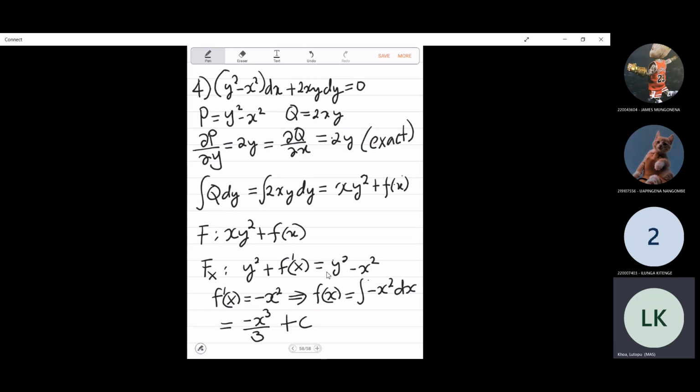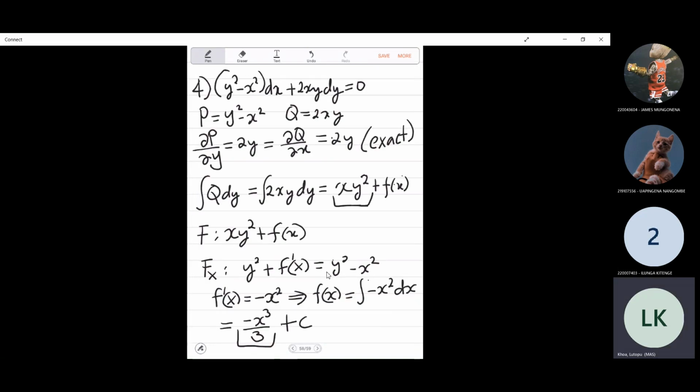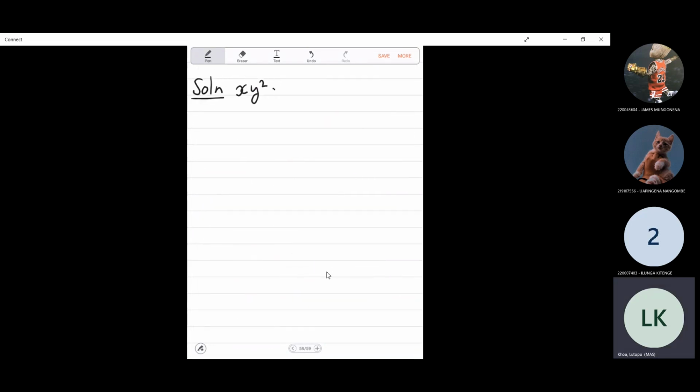The solution will be this part here plus this part there, and I equate it to c. So my solution will be x y squared minus x to the power of 3 divided by 3, and this is equal to c.